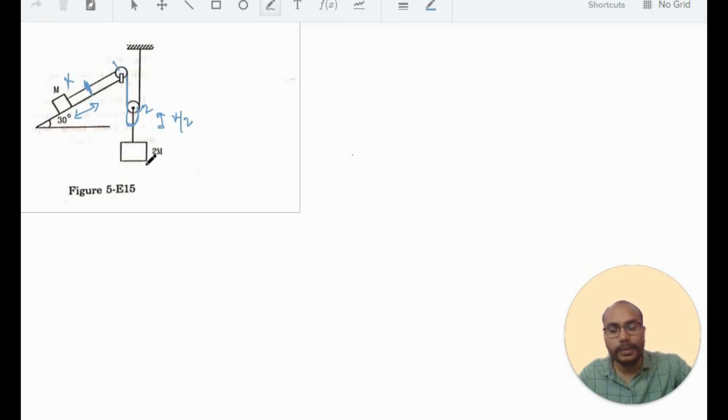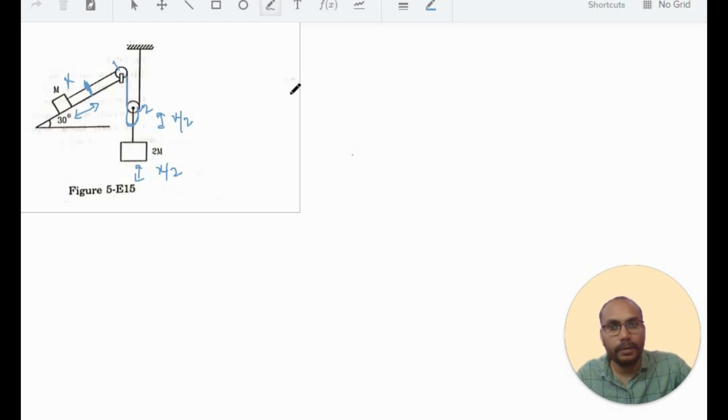That is why the mass twice m goes downward x by 2 distance.